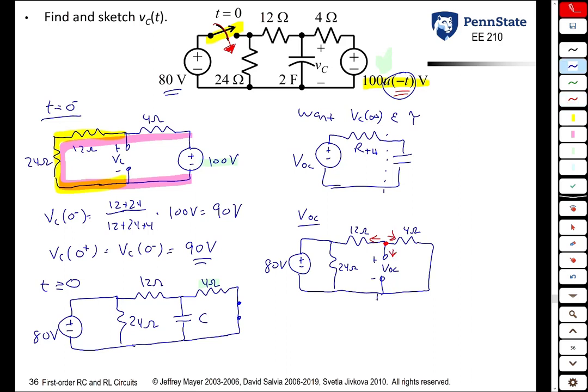Calling that ground, we get VOC minus 80 over 12 plus 0, that's the current going down, plus the current to the right, VOC minus 0 over 4, is equal to 0. You get 4 VOC over 12 is equal to 80 over 12, or VOC is 20 volts.